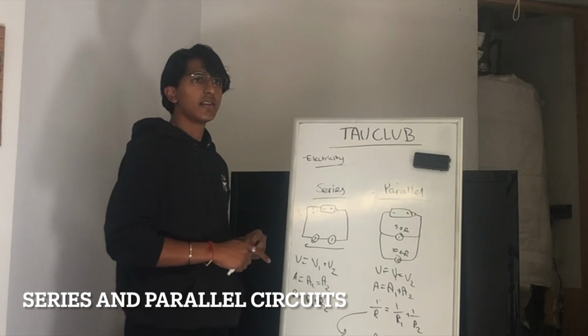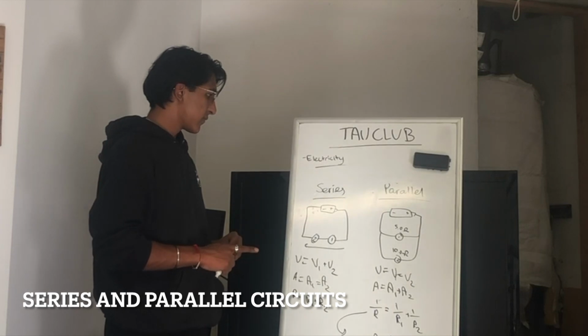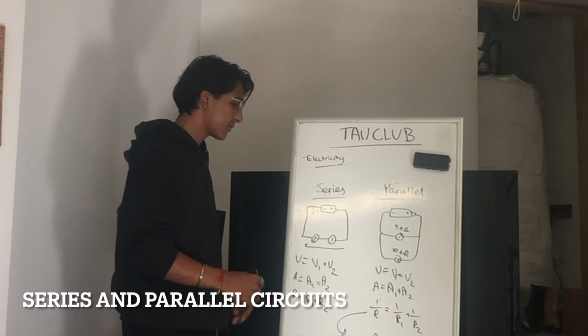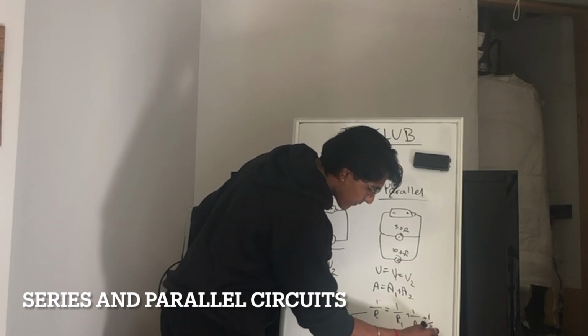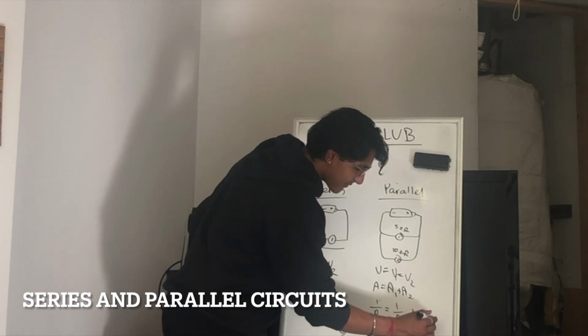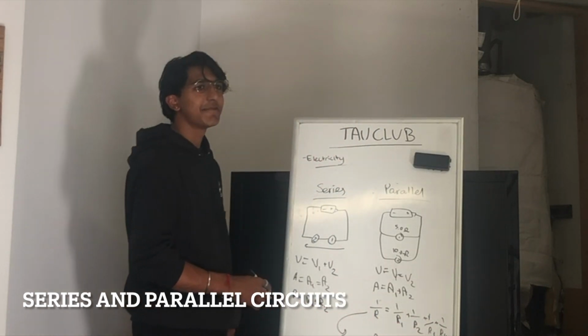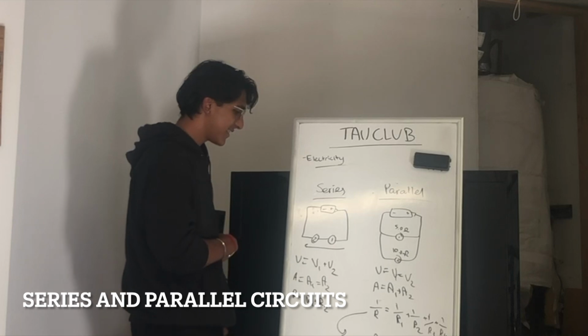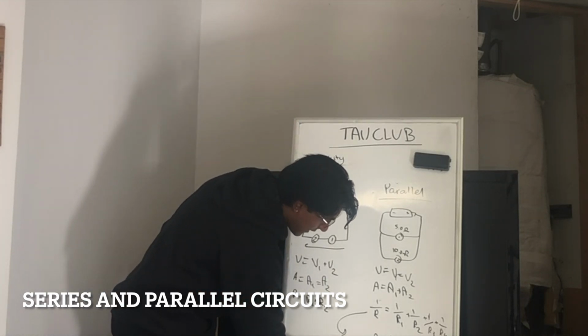What happens if you have multiple components in a series or parallel? What is the total resistance there? You keep on going as long as you want. All that will do is just add here.